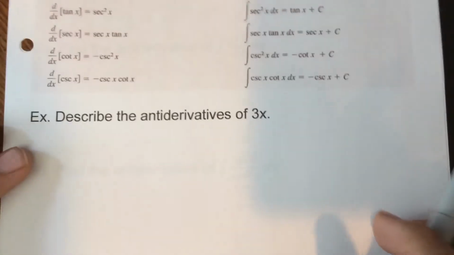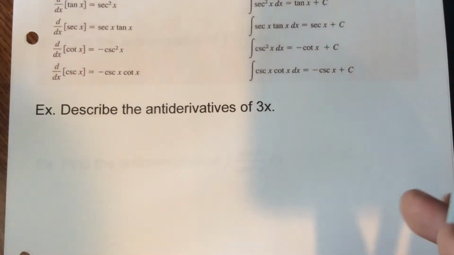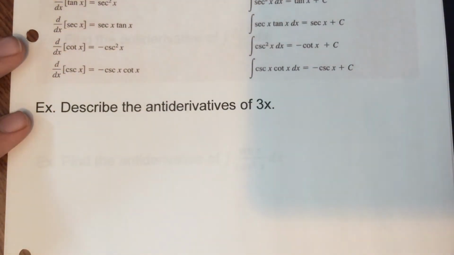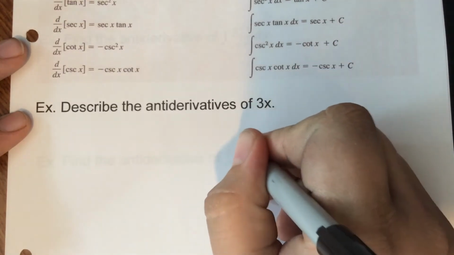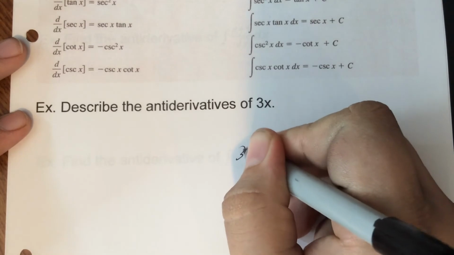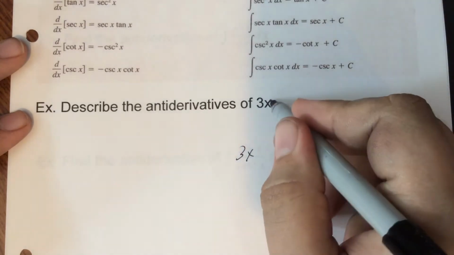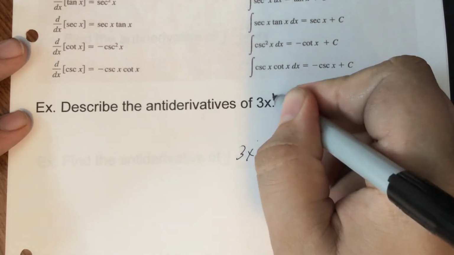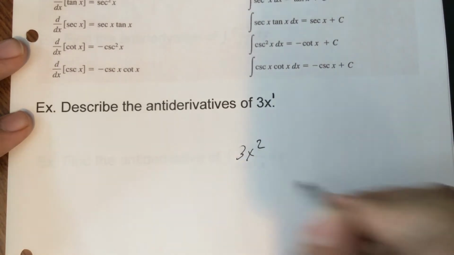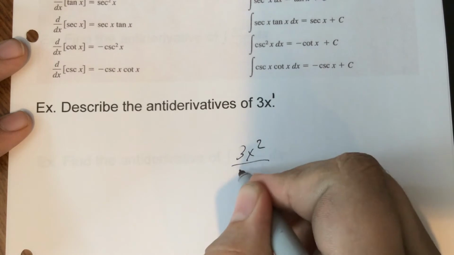So hang in there. But if we want to do the antiderivative, so the integral of 3x. So if we go backwards, 3x, well, there's no exponent here, so when we add 1, this is technically to the first, so this becomes squared. And we're going to divide by whatever that new exponent is, 2.